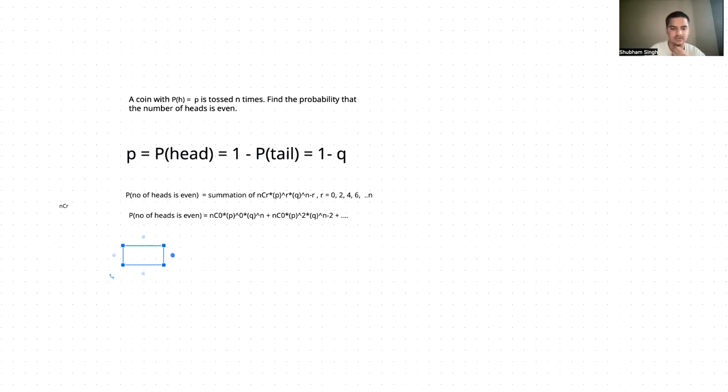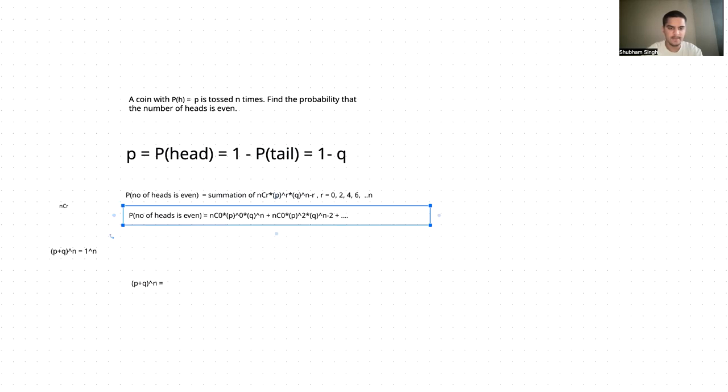After n tosses, we will have p plus q raised to n, right?